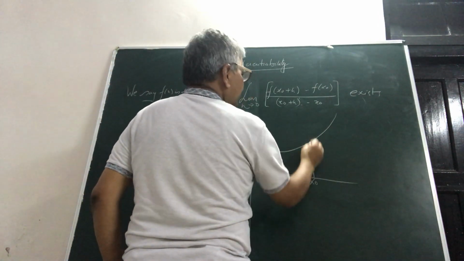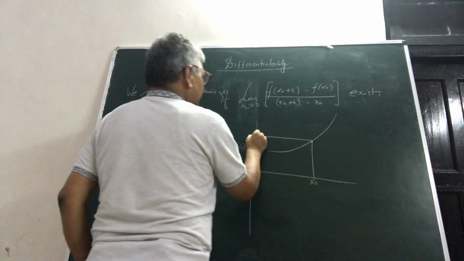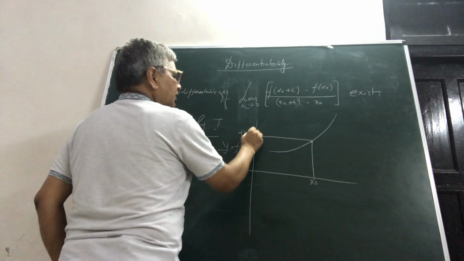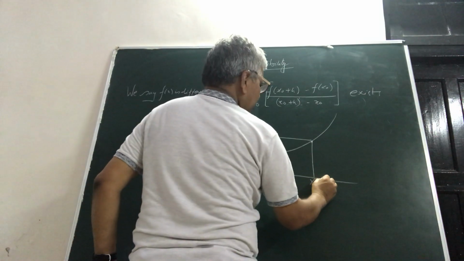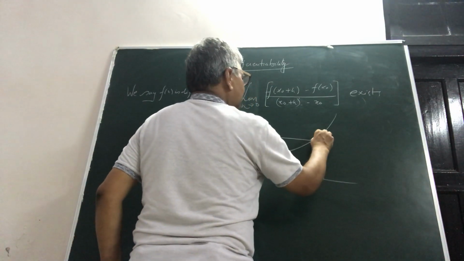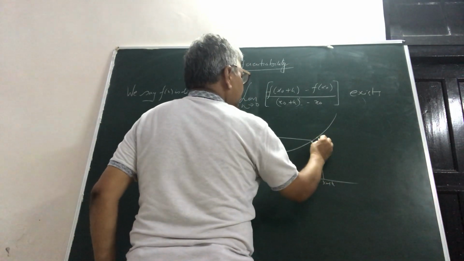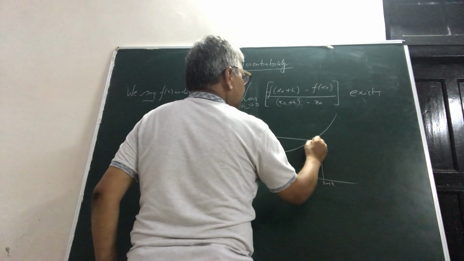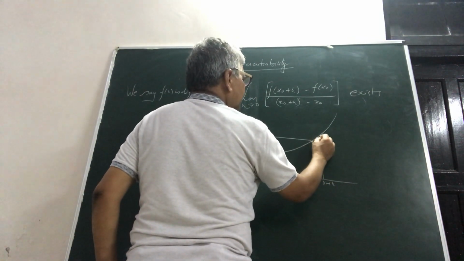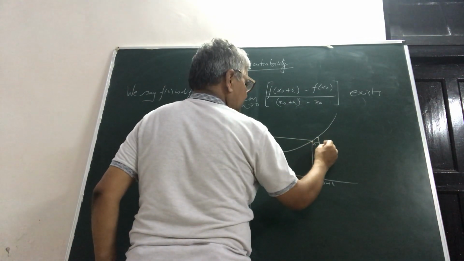Suppose this is x naught. Here the functional value is f(x naught). Then you calculate at x naught plus h, and this much is h.